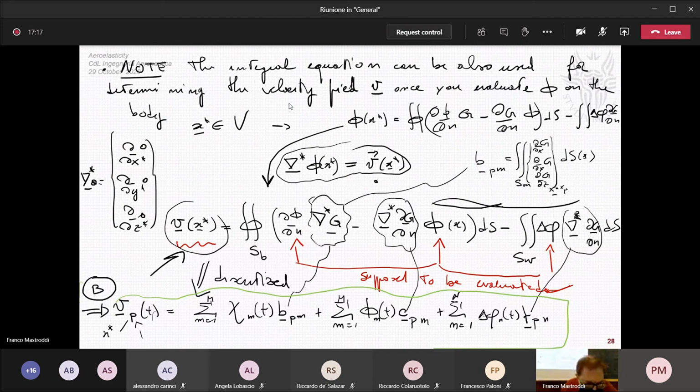And therefore, if you have evaluated phi and its derivative, you put inside here phi and its derivative, and you have the velocity as a byproduct.